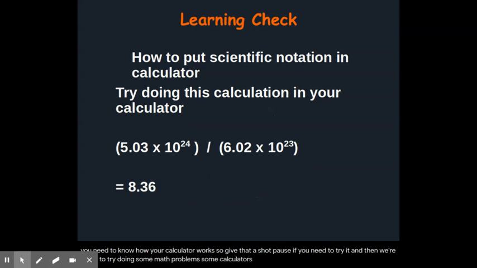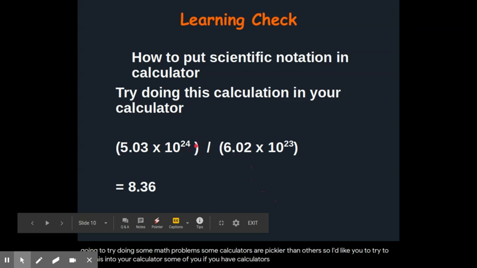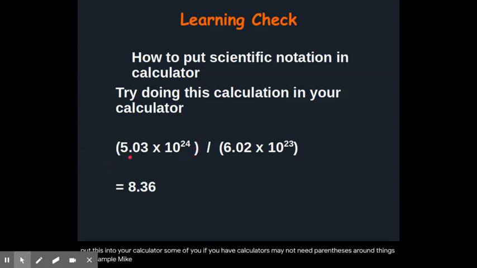Some calculators are pickier than others. So I'd like you to try to put this into your calculator. Some of you, if you have calculators, may not need parentheses around things. For example, my calculator, I can just type in 5.03. Then I have like a times 10 to the x button I can hit.